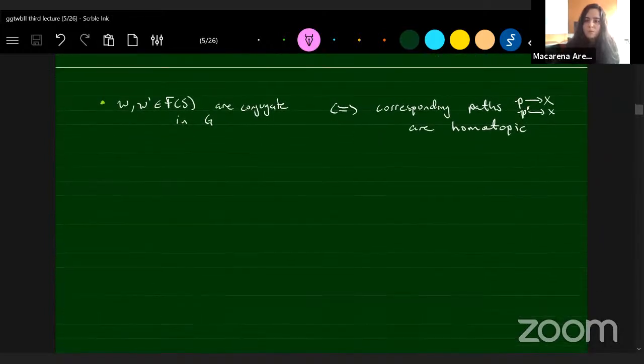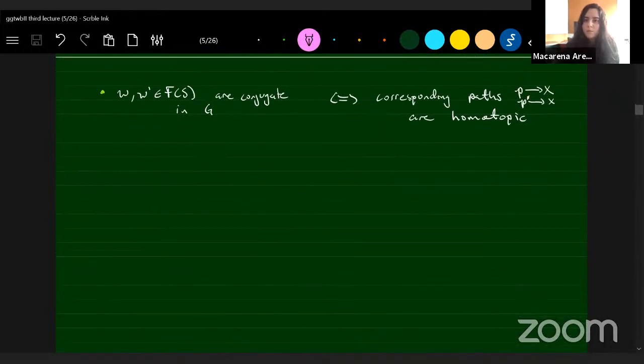And now we would like to give a topological interpretation to the problem, as we did in the case of the word problem. So if two words represent conjugate elements in G, the corresponding paths in the presentation complex are homotopic. So there is a disk.